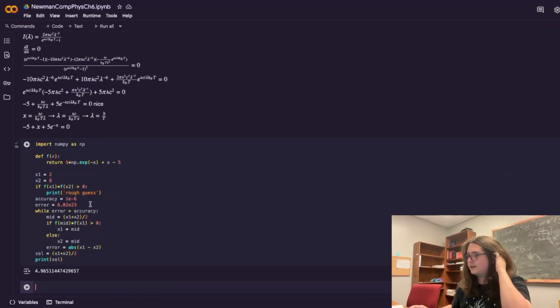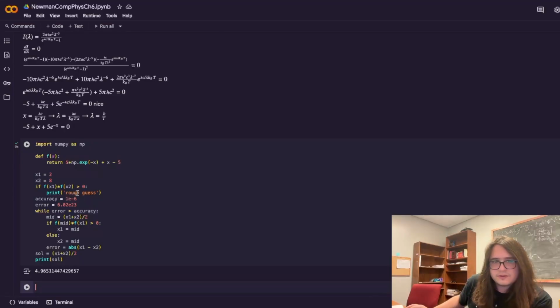But yeah, you have to make sure that the initial f of x1 and f of x2 have opposite signs. But this did actually work. That is the solution to the problem. It's 4.965. Verified that via Desmos.